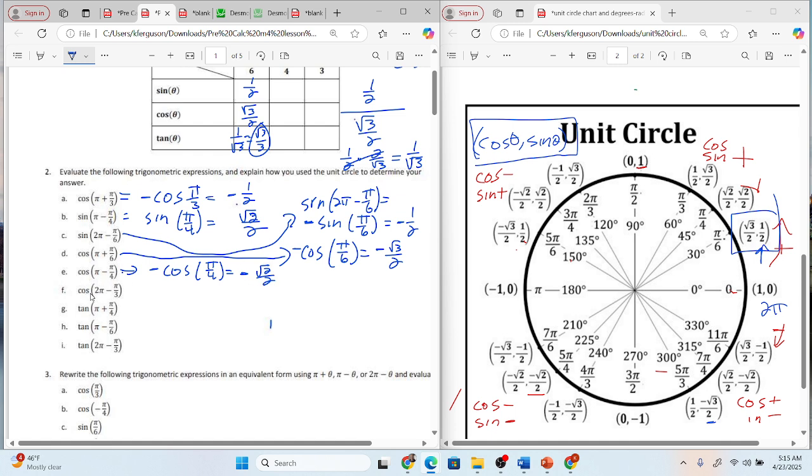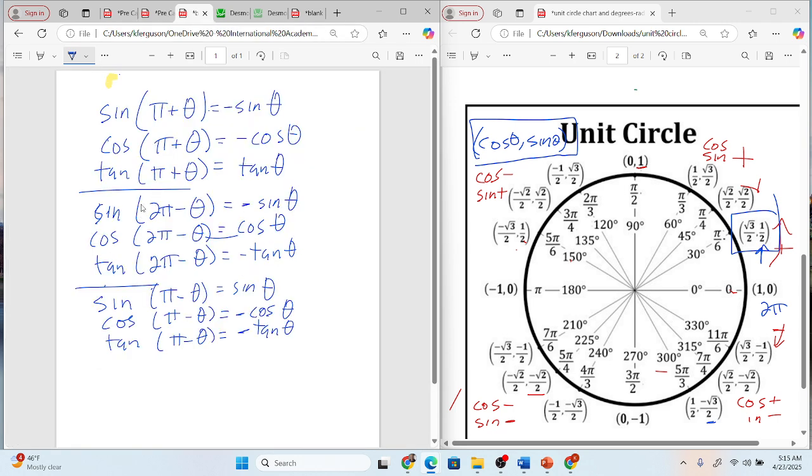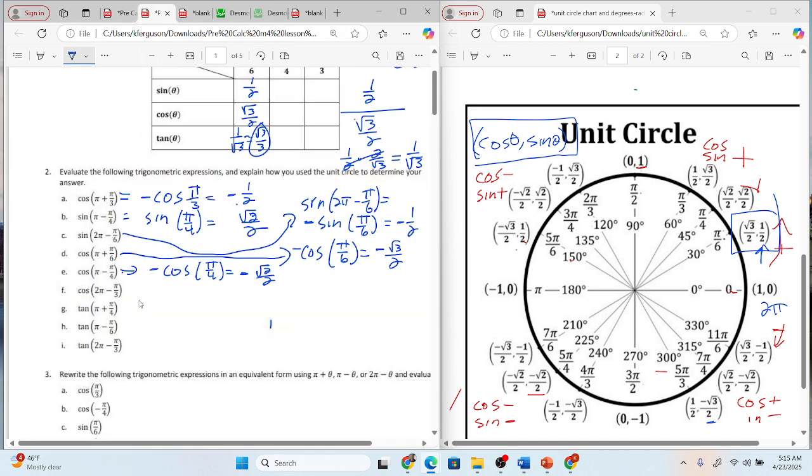And then I've got cosine of 2 pi minus pi over 3. 2 pi minus theta is positive. So that's going to be a positive cosine of pi over 3. Cosine of pi over 3 is the square root of 3 over 2.